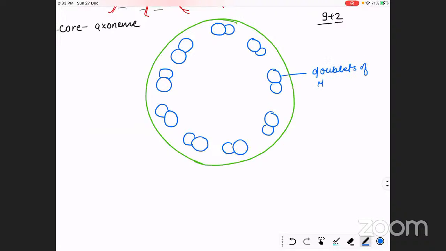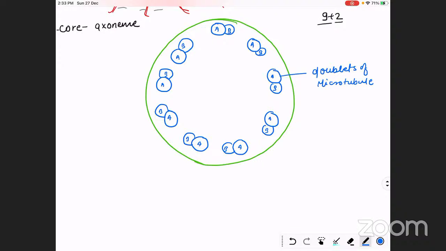You can name them as B, A, B, A, B, A, likewise A, B, A, B. So we have 9. They are running parallel to each other in a long axis.